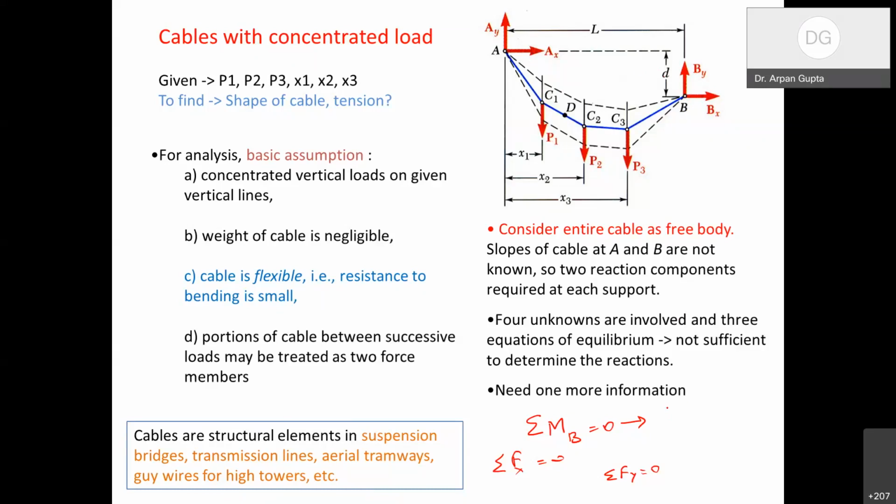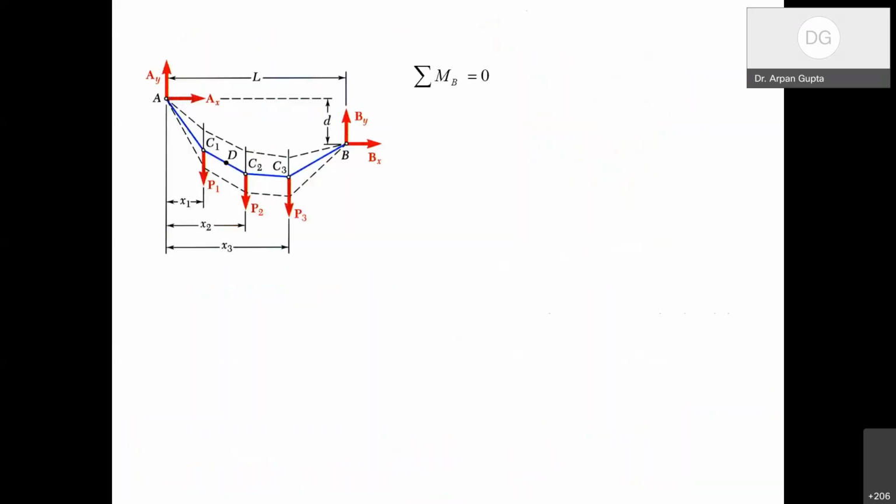So this is one equation in Ax and Ay. I'm not writing it out fully, you can write it, it's quite straightforward. Similarly, the net force in the y direction is equal to 0, means Ay plus By should be equal to P1 plus P2 plus P3, and Ax plus Bx should be equal to 0. So these are the three equations that we can write, but we have four unknowns, so we cannot solve it directly. We need one more piece of information, right?